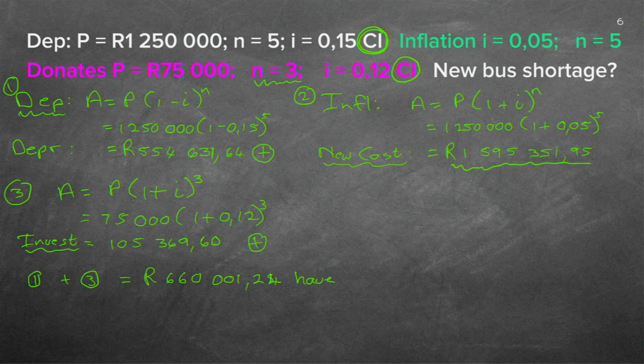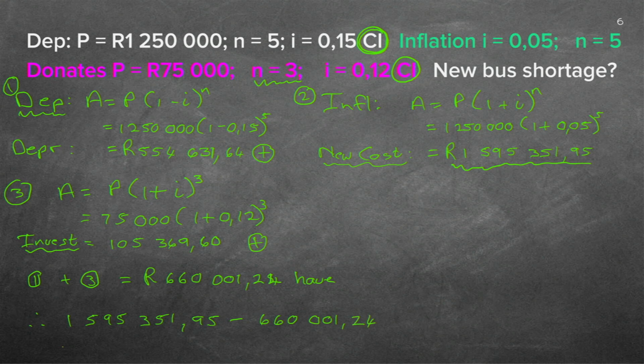So now I'm going to take the new bus, which is 1,595,351.95. This is what I need to pay after 5 years. I'm going to subtract the money that I have, 660,001.24.